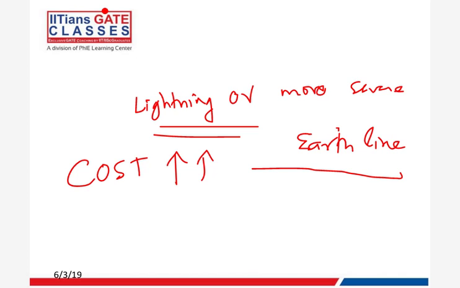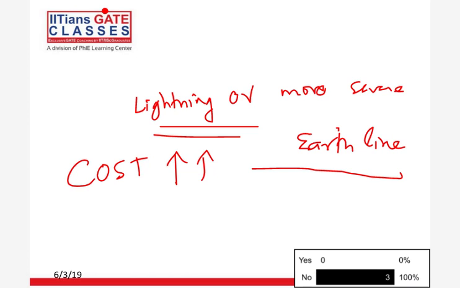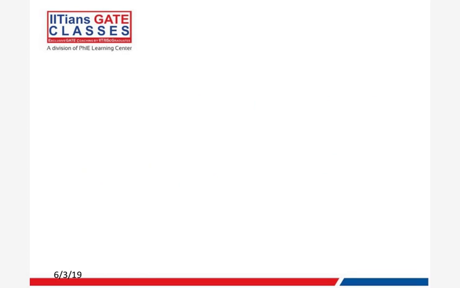Have you guys seen an earth line? Okay, cool. Okay, I understand. That's good. That actually makes me a little more happy because at least there's something very explicit that I know you are learning today.